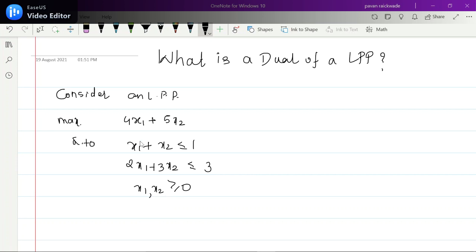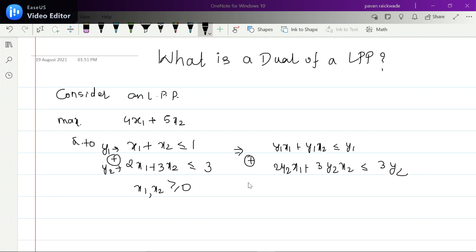So, suppose I multiply the first equation with y1, the second equation with y2 and add both of them. Being positive, y1 and y2 being non-negative, the inequalities won't change. The resultant I get is y1 x1 plus y1 x2 less equal y1, 2y2 x1 plus 3y2 x2 less equal 3y2.